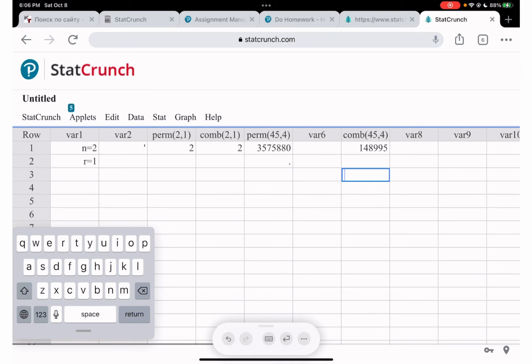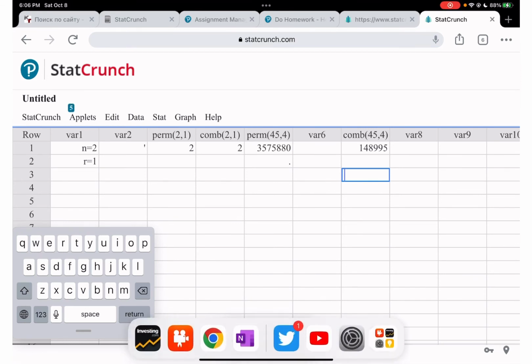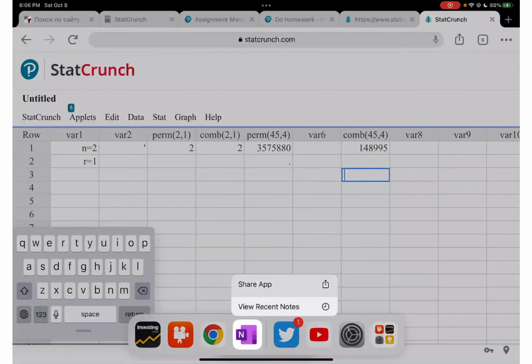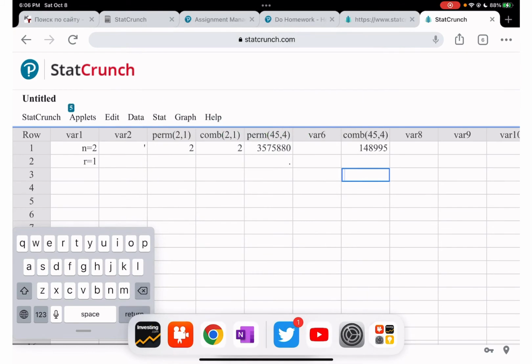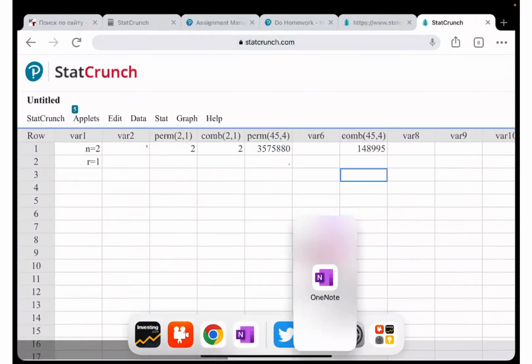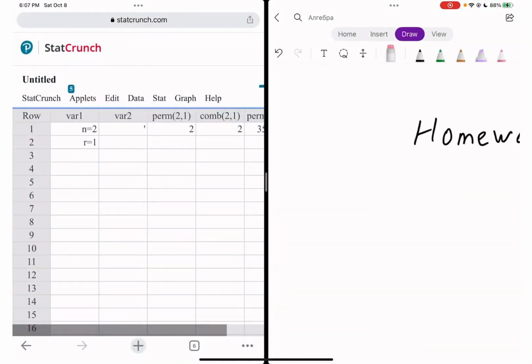Why? Because of the formula. I'll write it down one second. There. So the formula for permutation: this is what we are selecting, this is the total amount, n.